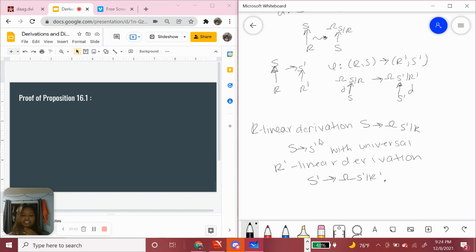Okay, so you'll see typically in applications that the map R to R prime is the identity and phi is a homomorphism from S to S prime.